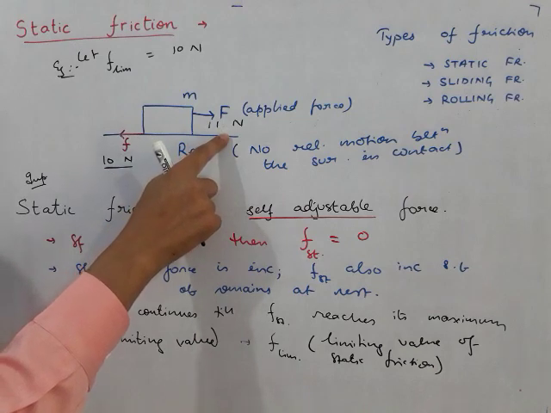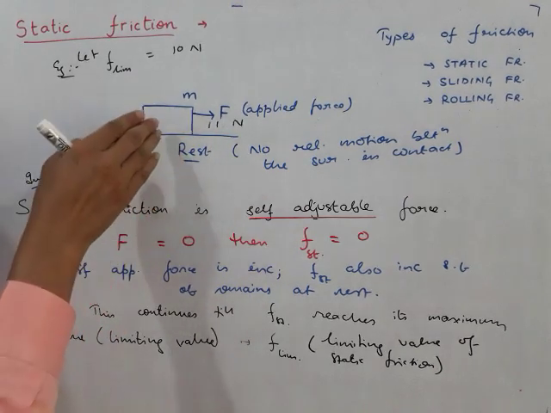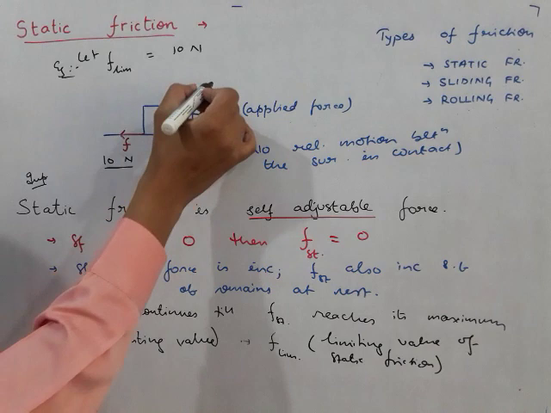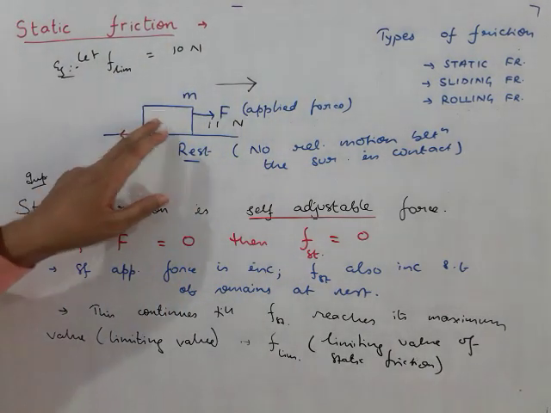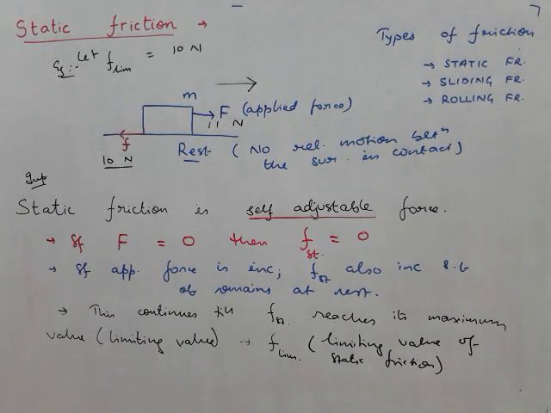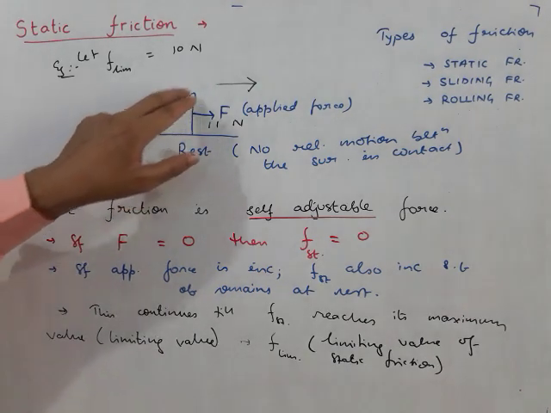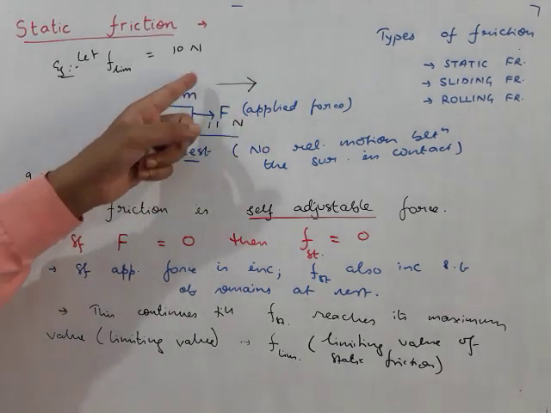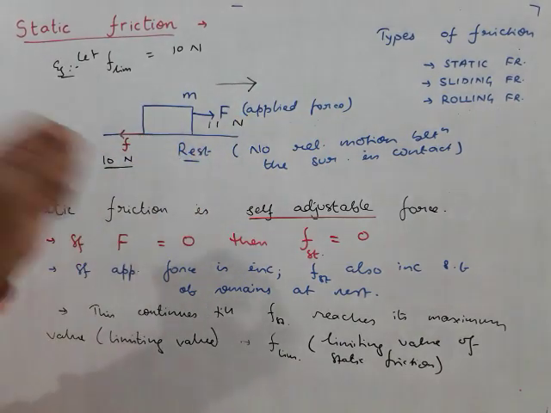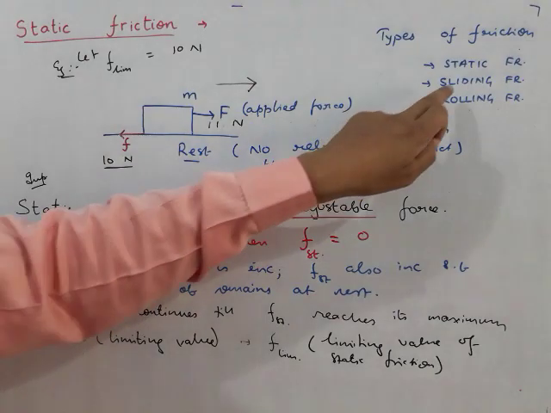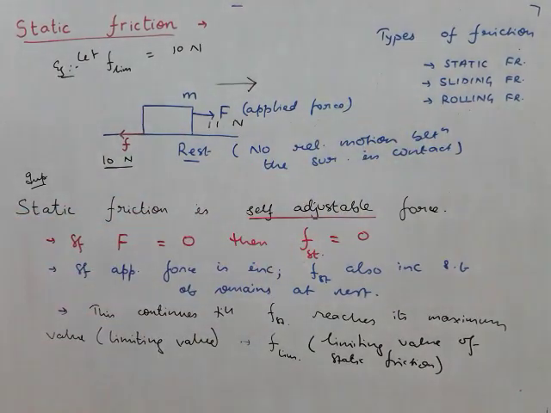The right force is greater. So the object will move in the direction of the greater force. Now the object will not be at rest. The object will start moving, and when the object starts moving, the friction between this surface and this surface will not be called static friction, we will call that sliding friction.